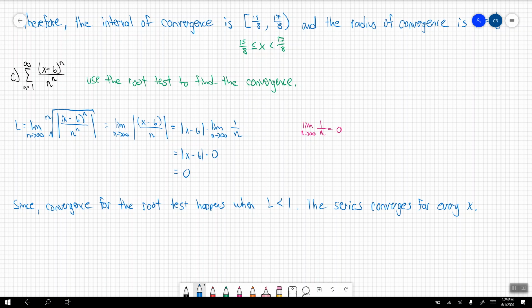So how do we summarize this? The interval of convergence is negative infinity to infinity, and the radius of convergence is r equals infinity.